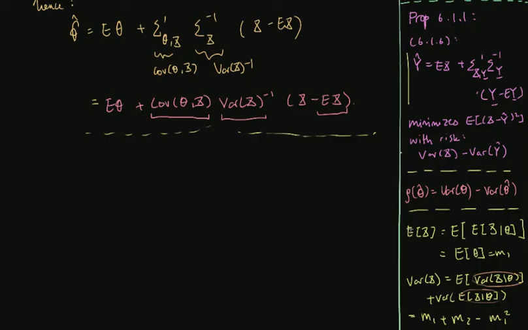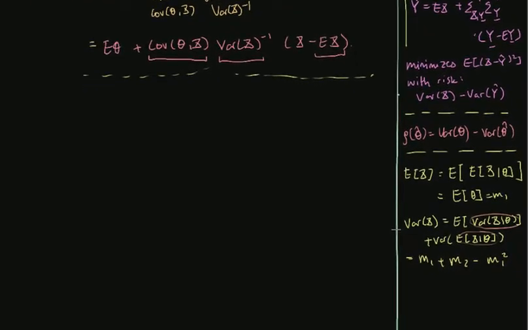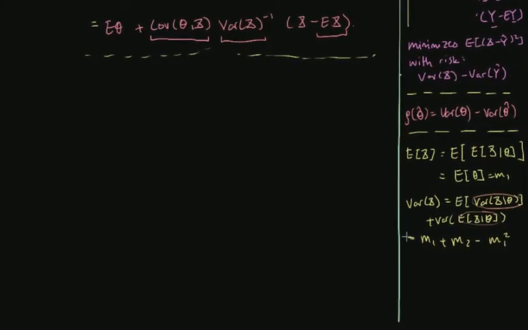Last of all, we need an expression for the covariance of theta and x. And it is good that we have to calculate this because then we can brush up on the definition of covariance as well, which we will be using a lot in 1b. So the covariance of theta and x is by definition the mean value of theta multiplied by x minus the mean of theta multiplied by the mean of x.